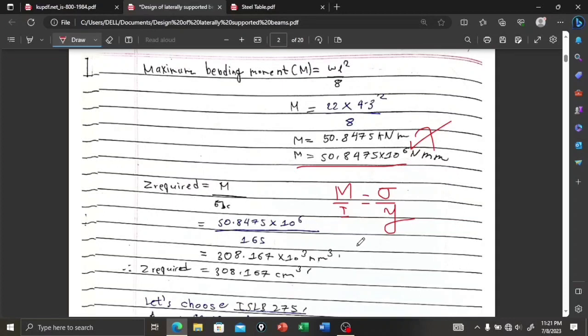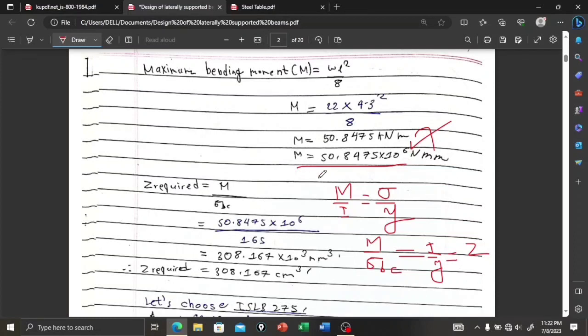So M divided by sigma is I divided by y. I divided by y is also called Z, so Z is M by sigma and sigma bc is bending compression.